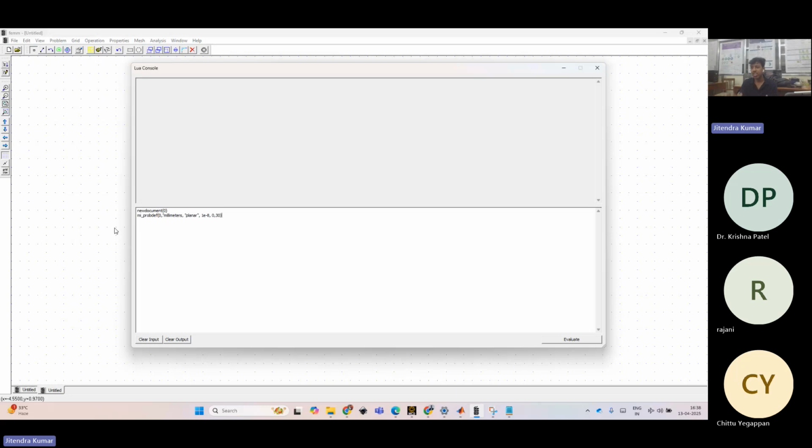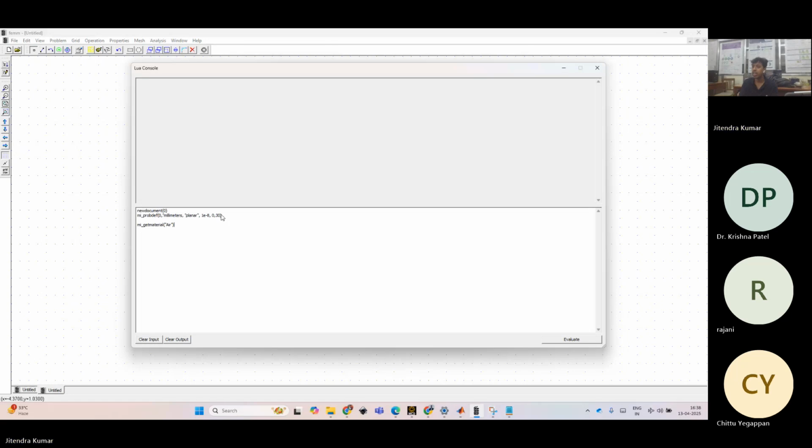The first two lines will mostly remain the same. Now the important thing is to load the material from the library. For that the command is mi_getmaterial. First is air. Air is written with whatever name is in the library, so you have to write it as it is.